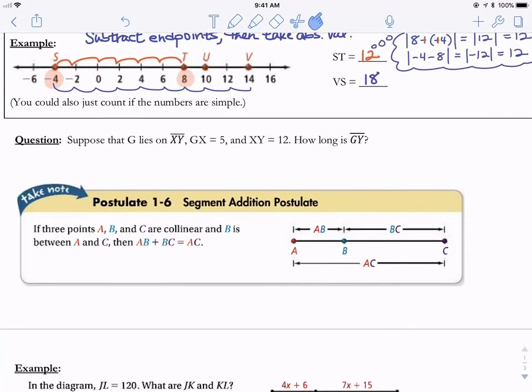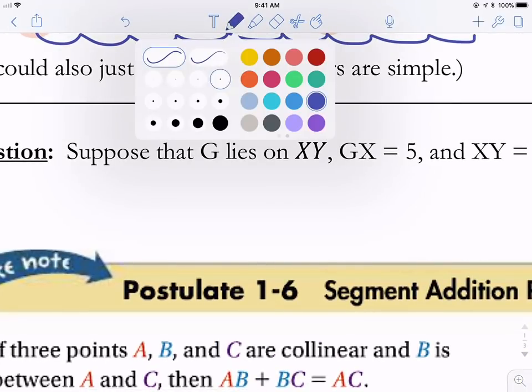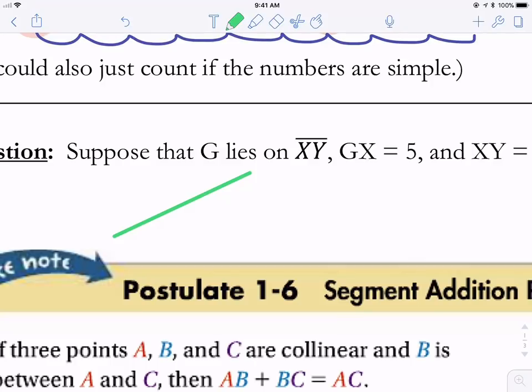Okay, third idea. Suppose that G lies on segment XY. So I'm going to draw a picture because every time that there is a description of a diagram, the first thing you should get in the habit of doing is drawing a picture. So G is somewhere on segment XY.